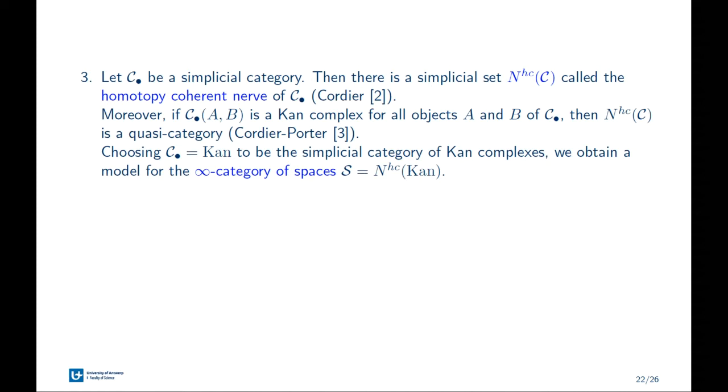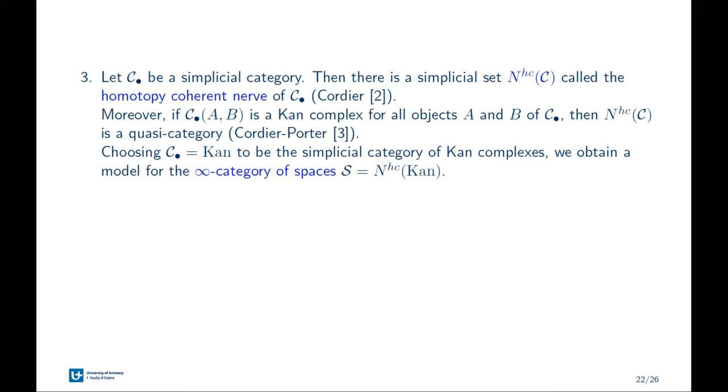So in a simplicial category, for any two objects A and B, we have an associated hom set, which is not just a set, but a simplicial set. And if all of these simplicial sets are Kan complexes, then the resulting homotopy coherent nerve will be a quasi-category. This was shown by Cordier and Porter, again emphasizing this behavior that all of the morphisms from the second level onwards should be invertible.